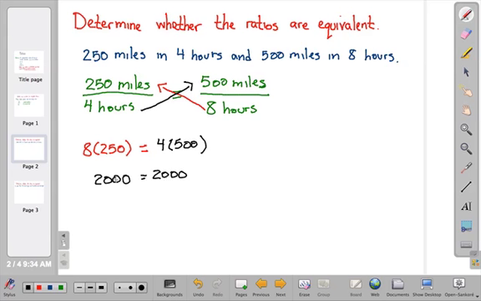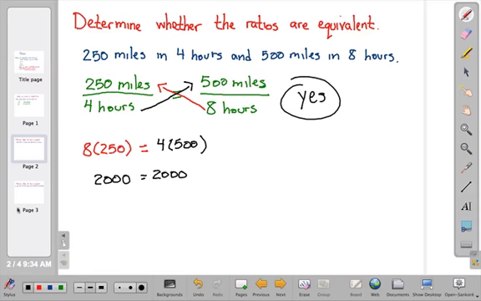And these two are equal to each other, so that means that these two ratios are equivalent. So over here, you'll just write yes. In order for you to have the answer yes, you also need to have the work proving that this really is equivalent. You can't just write yes or no without having the work that goes along with it.